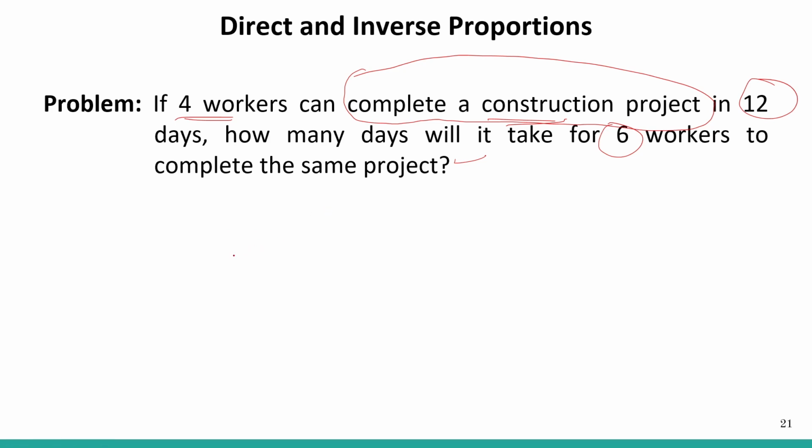We already know that 4 into 12 must be equal to 6 into x, where x is the number of days here. Their product must be the same; we know this from the product rule. So 12 into 4 is 48, which is equal to 6 into x. This implies x is equal to 48 by 6, which is 8.